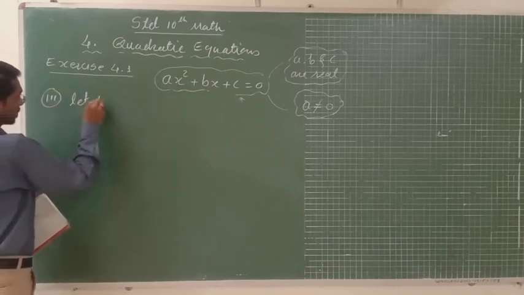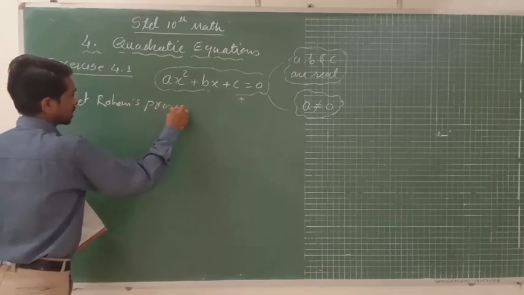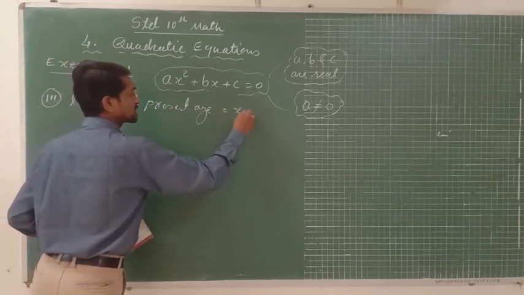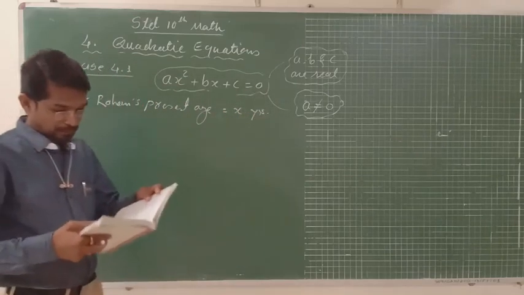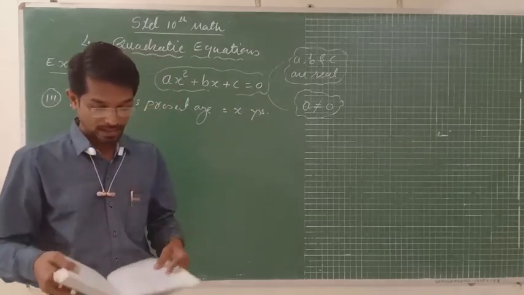Let Rohan's present age be, suppose, x years. What about his mother? His mother is 26 years older than him.